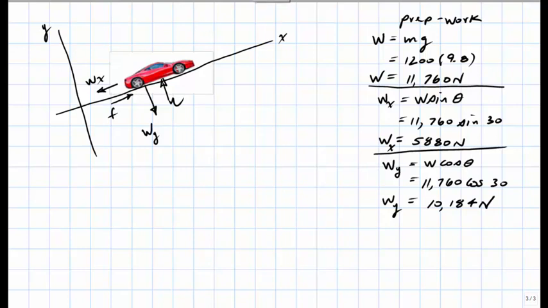aggressively on a dirt road, and let's imagine that this incline is a dirt road, we know that the rear tire would actually produce a force on the dirt and expel the dirt towards the left. And so if the tire is creating a force towards the left, then the road produces a force towards the right. And that is the force that enables the car to accelerate towards the top of the incline.